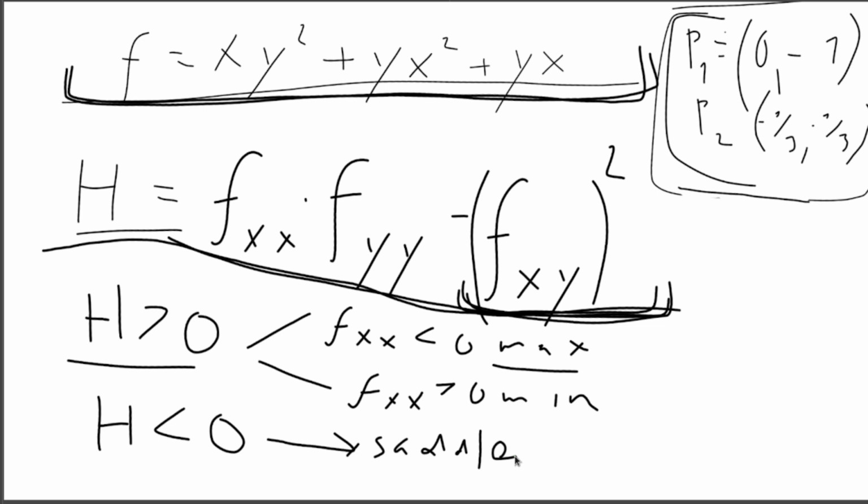Just to underline both, if one is already underlined, not to cause confusion unnecessarily. Then if the second order derivative with respect to x, only x, is smaller than 0, it's a local maximum. And if that same derivative, second order with respect to x, is bigger than 0, it's a local minimum. But if in the beginning h is already below 0, that directly tells you without further work that it's a saddle point.